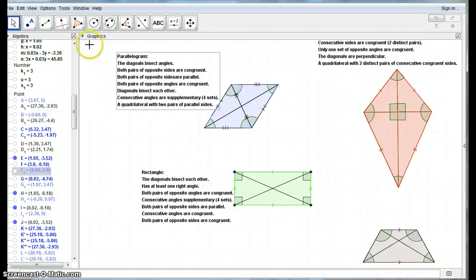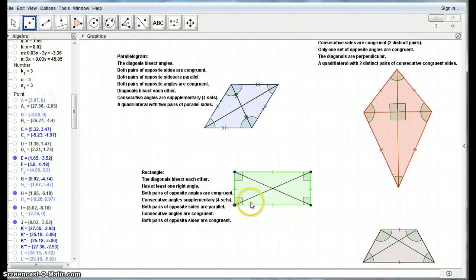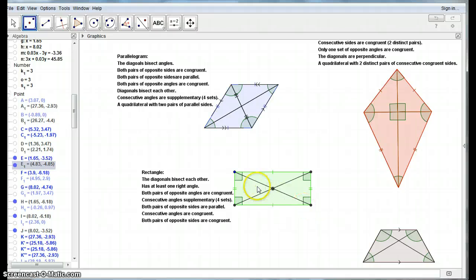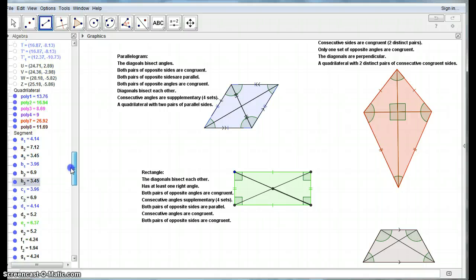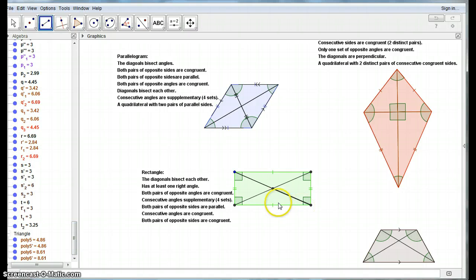So each segment on the diagonals, so this segment, this one, will be congruent to this one, will be congruent. We could probably even watch them pop up and notice that they're congruent. Will be congruent to this one.